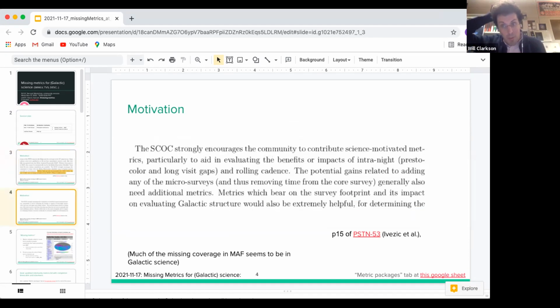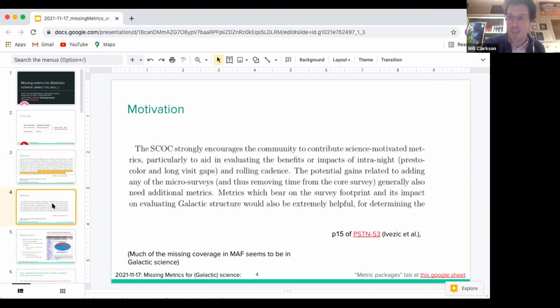The reason that's particularly interesting to galactic science is because I think it's still true that's an area in which we know there are metrics in development, but there are big gaps in the metrics that have been actually incorporated into math. So that's why there is a focus in the proposal. But every input is welcome.